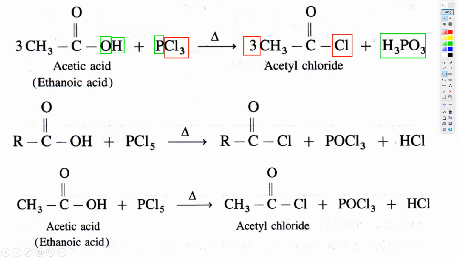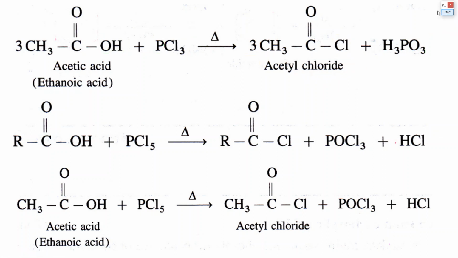So the name of this product is acetyl chloride. The question will be asked in the exam: convert acetic acid into acetyl chloride, or what happens when acetic acid is heated with phosphorus trichloride, or how will you prepare acetyl chloride from acetic acid or ethanoic acid. Such a type of question will be asked in the board exam.